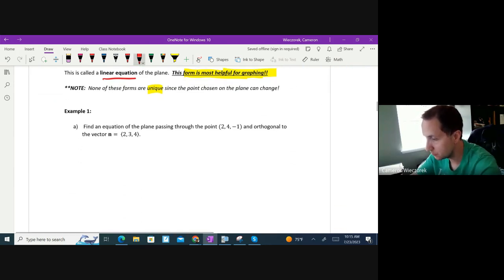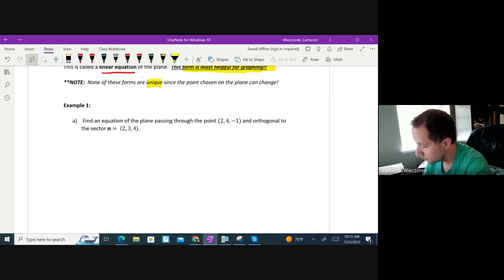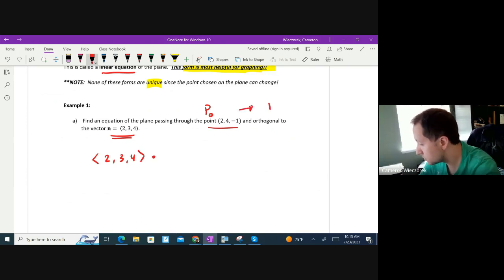Okay, let's look at an example with some numbers here. Find an equation of the plane passing through the point (2, 4, negative 1). So this is going to be our P naught. And orthogonal to the vector (2, 3, 4). So there's our normal vector. So we know that the dot product of (2, 3, 4), and then we want to create a vector that starts at P naught and goes to a final point P on the plane, (x, y, z).